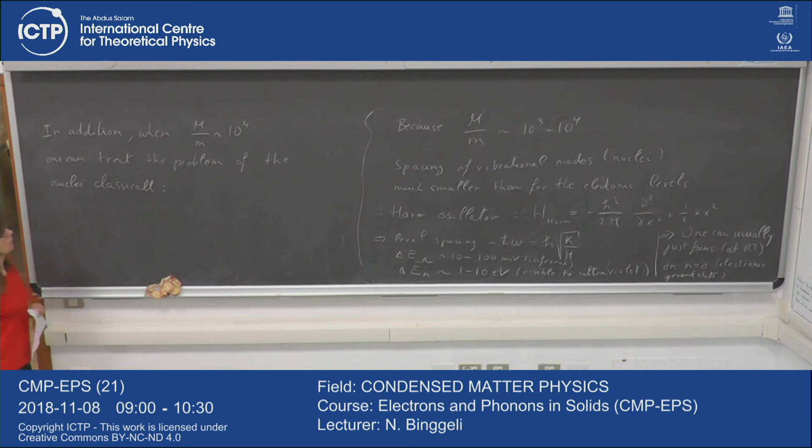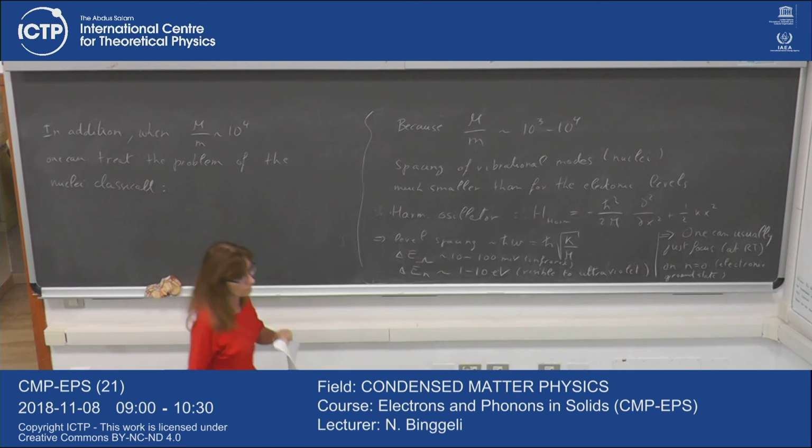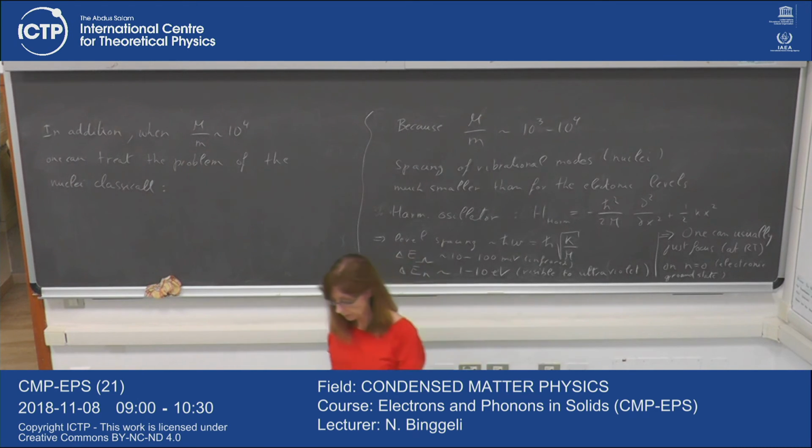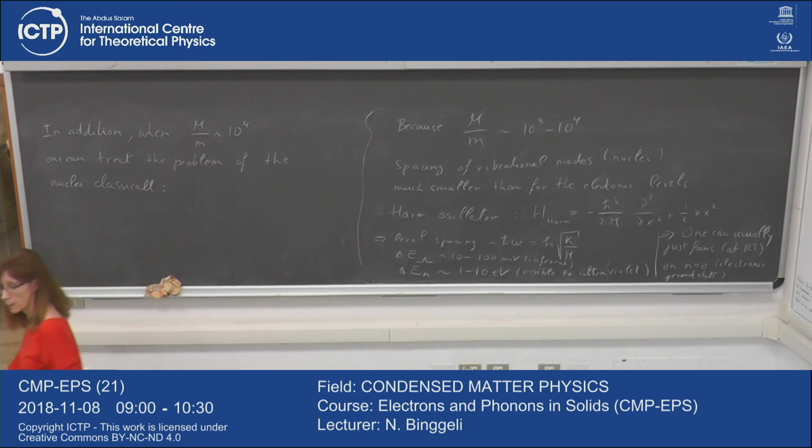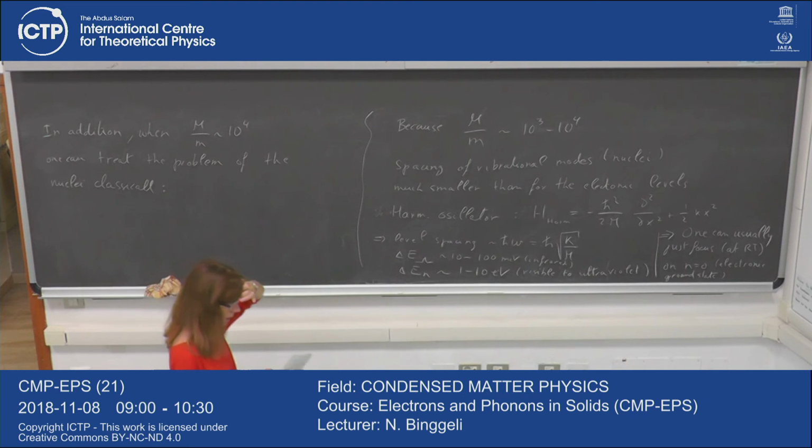That is, when the mass is extremely large, the momentum is also very large, and one has the Heisenberg principle fulfilled, so the product of the uncertainties delta x and delta p is much larger than h bar, and one can treat the particle classically.